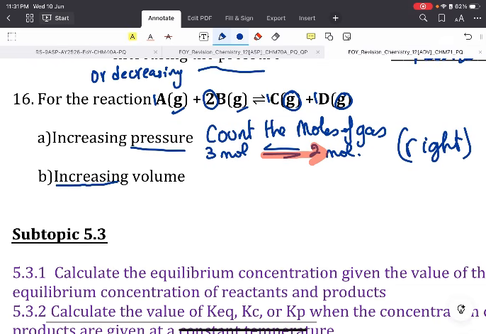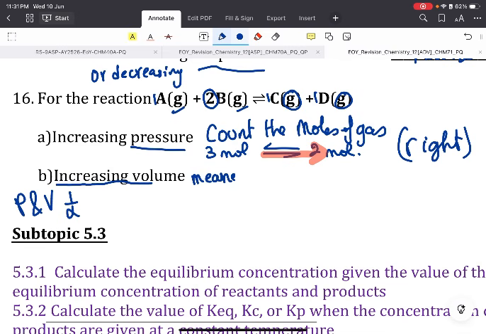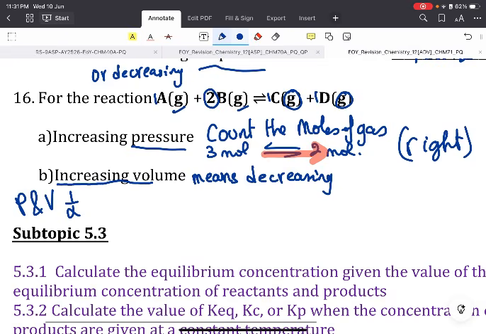Now another question, increasing volume. You know that pressure and volume are inversely proportional. So immediately flip the question in your mind. Increasing volume means decreasing pressure.